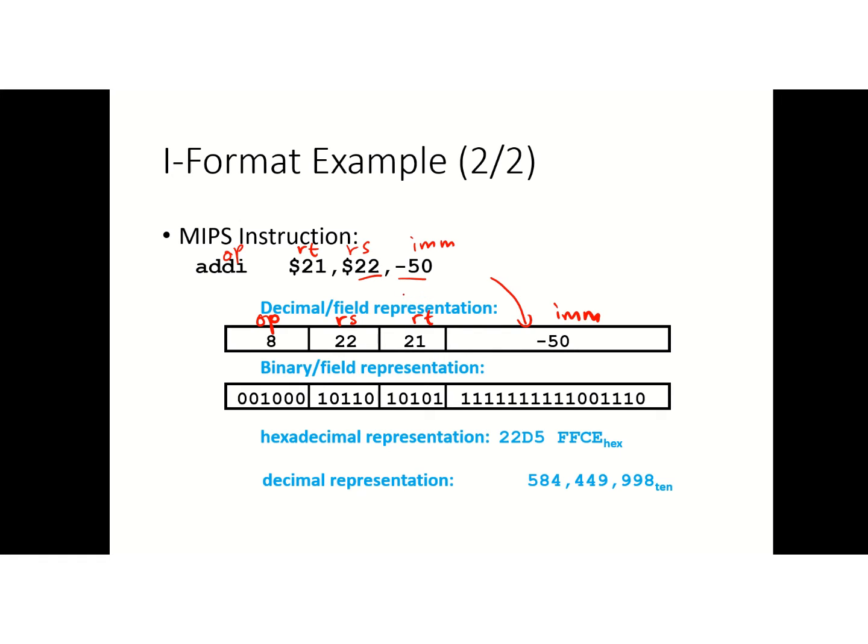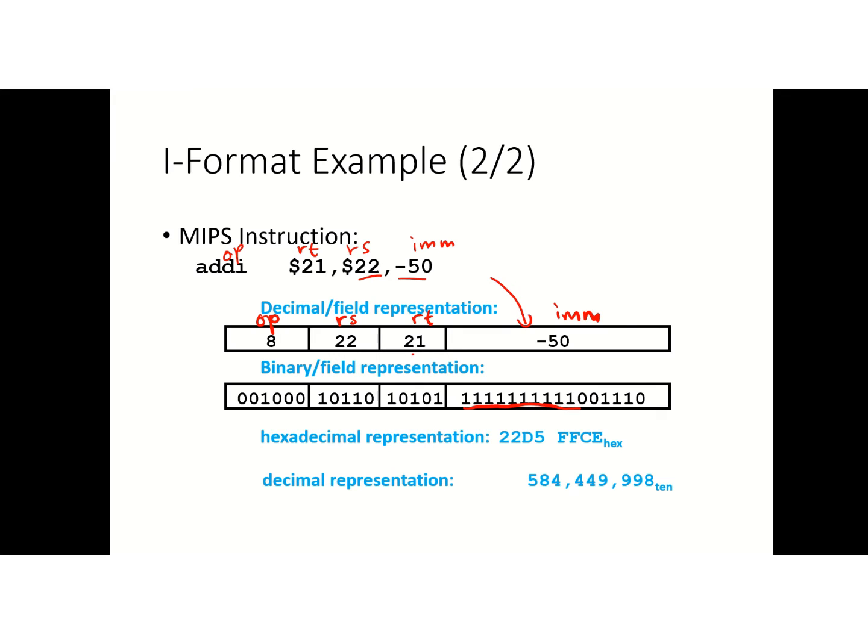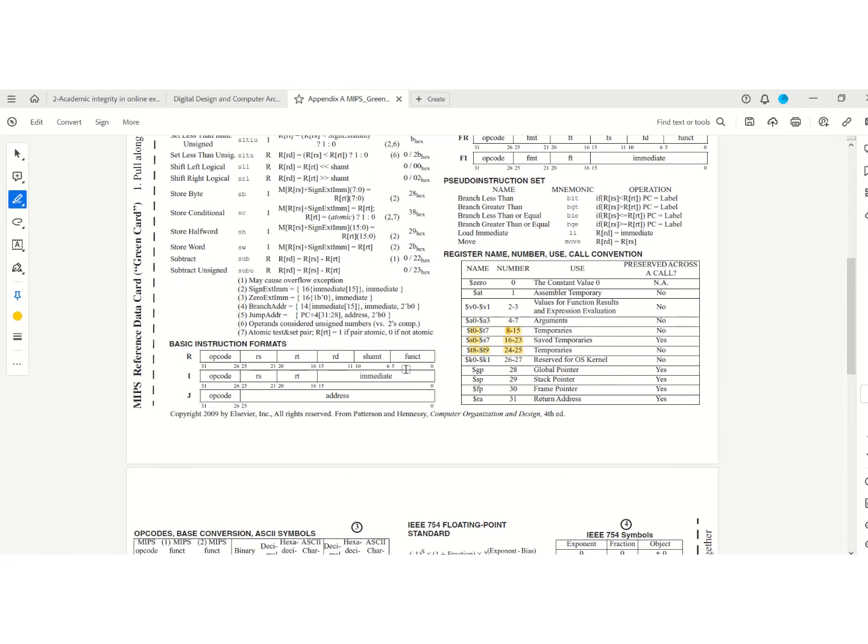If it's a negative number, it will be sign extended until it is 16 bits. After that, when they do some operation, they will sign extend again to 32 bits. The rest you can do using a calculator or the MIPS green sheet here.